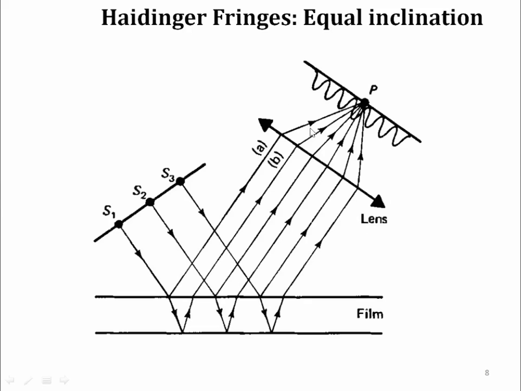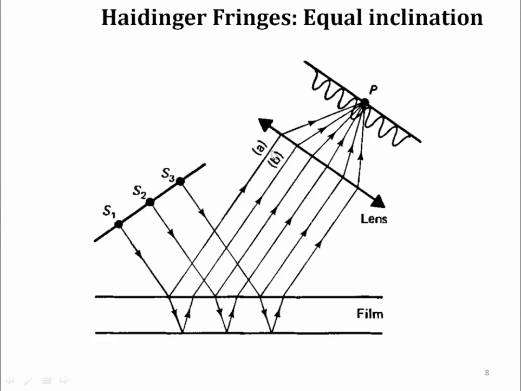Now to see those fringes of equal inclination, what we have to do is use some mechanism like a lens. The moment we put a lens, what does the lens do? It tries to collect light at a single point.